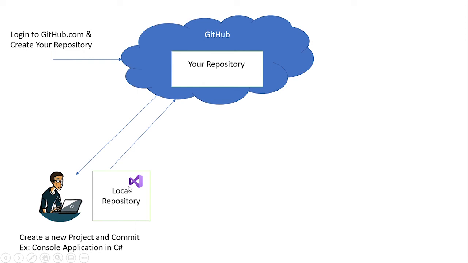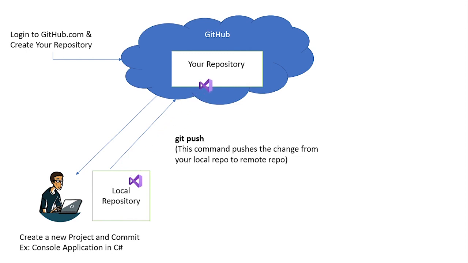So first thing that we need to do is sync our local repository into our remote repository, which can be done by git push operation. Don't worry, you don't need to memorize these commands. There are other ways. Visual Studio will provide us a nice UI to do these operations, which I'm going to explain later, but try to understand the concept through this video.